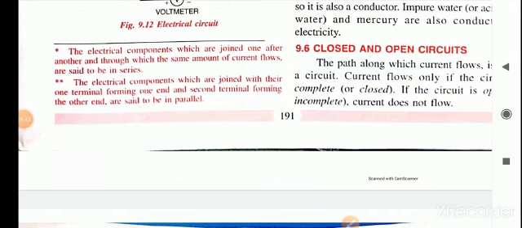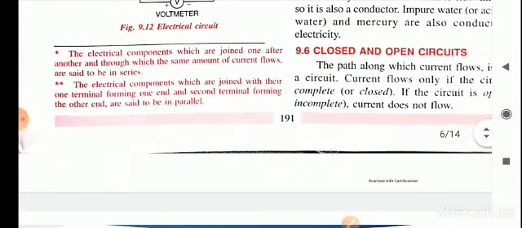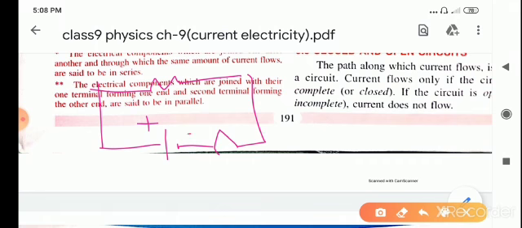Children, next point, closed and open circuit. It is the closed circuit. If current moves from plus to minus with the help of a battery or cell, then it is a closed circuit.